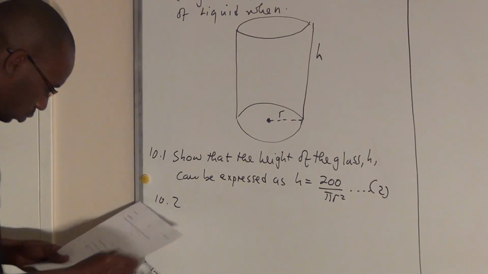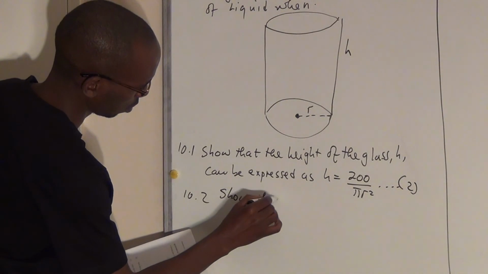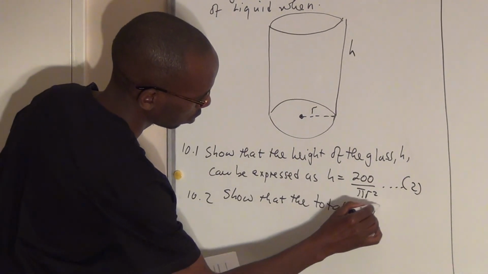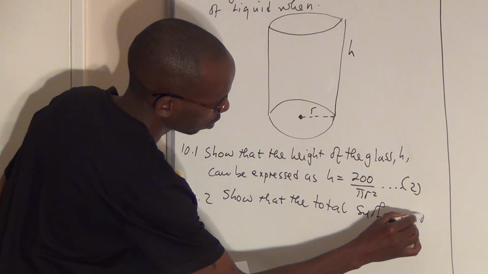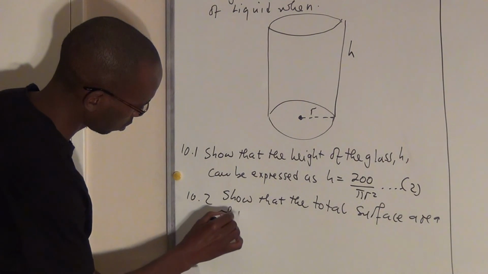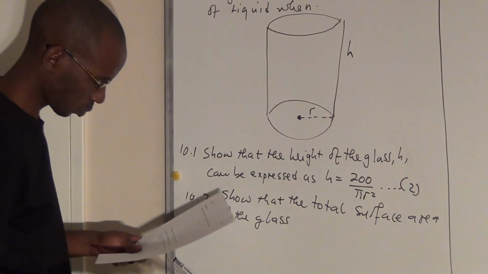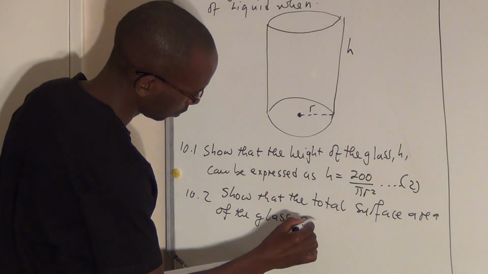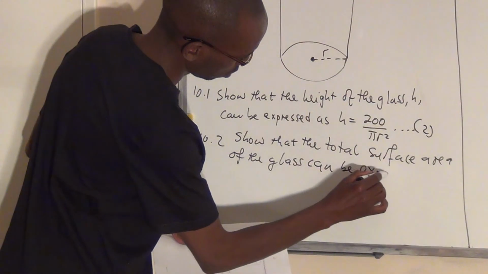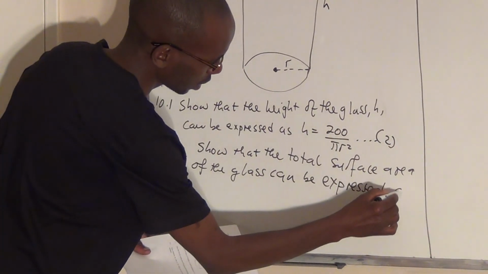10.2, show that the total surface area of the glass can be expressed as S(r).